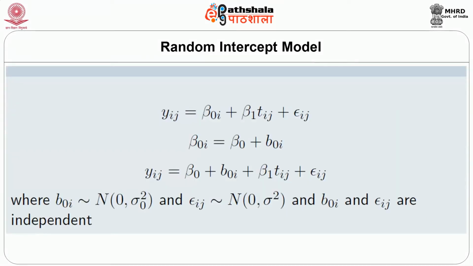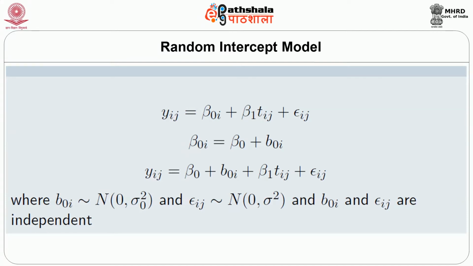Now, we start off with what is called the random intercept model. Consider that I have n individuals and n individuals have a random start, but the trajectory or the slope is the same. Then that can be modeled as y_ij equals beta_0i plus beta_1 T_ij plus epsilon_ij, where y_ij is the observation related to the ith individual at the jth time point.